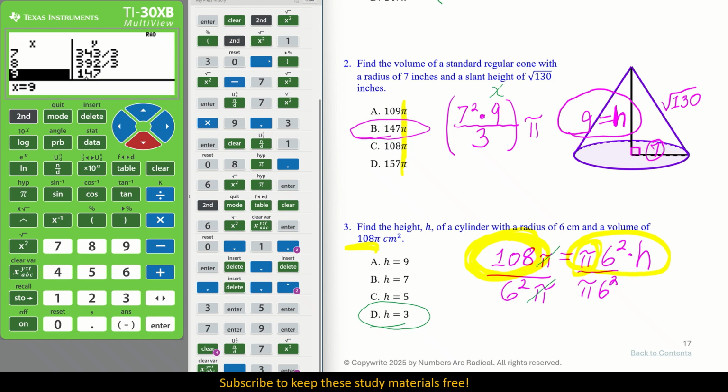Okay, 9 yields 147. That is what we have, B. And I keep going, and then it gives me 196. Well, that's not even a good option. And then I get 240, 245, and it's too high. That's one way to get there or to verify, but you have to know what you're doing. The traditional method that we used was perfectly fine. Okay, now that I've kind of played around with the calculator for you, let's move on.